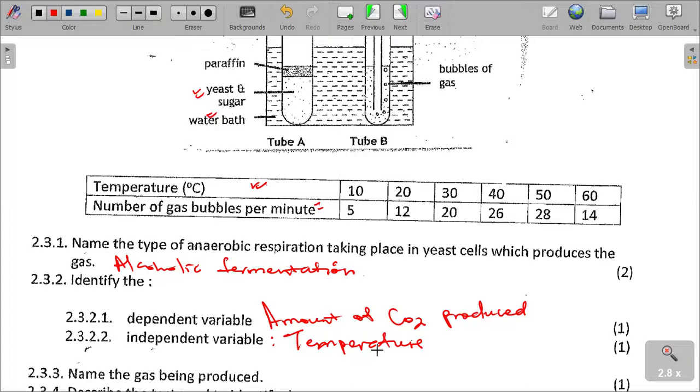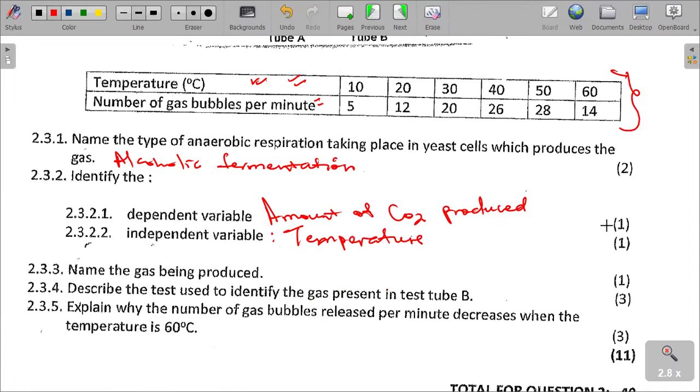As you can see on the graph, we have temperature and the bubbles produced per minute. The bubbles depend on the temperature that is being applied. Our answers are taken from the items that are in the question: the temperature is affecting the number of bubbles produced per minute.